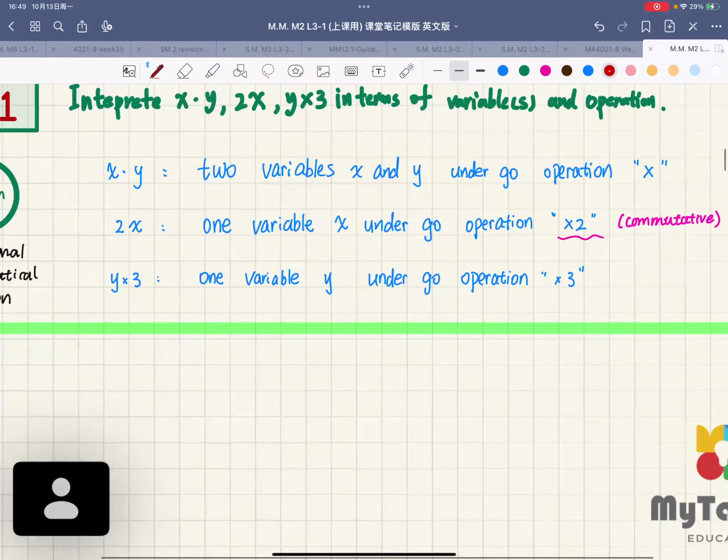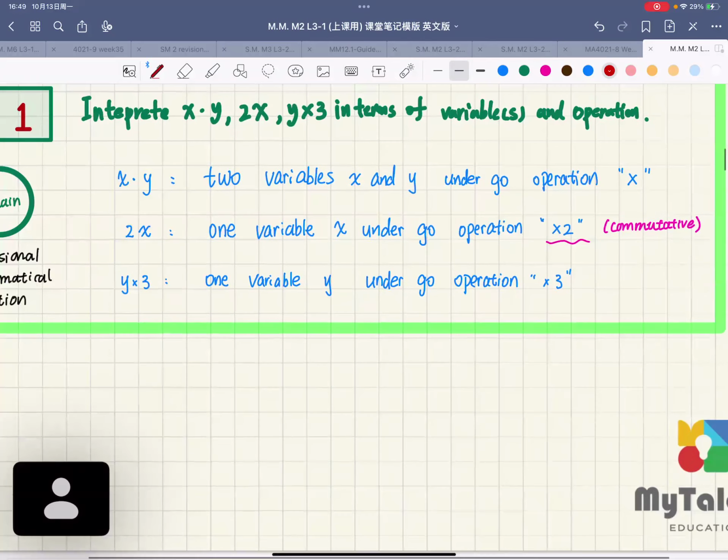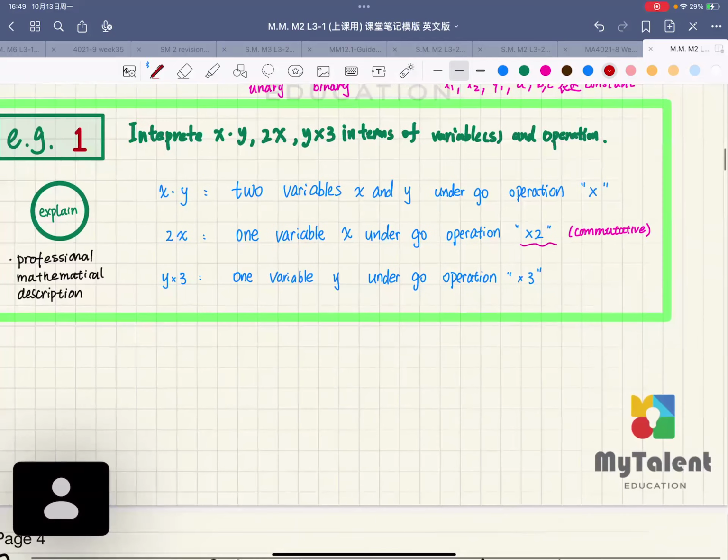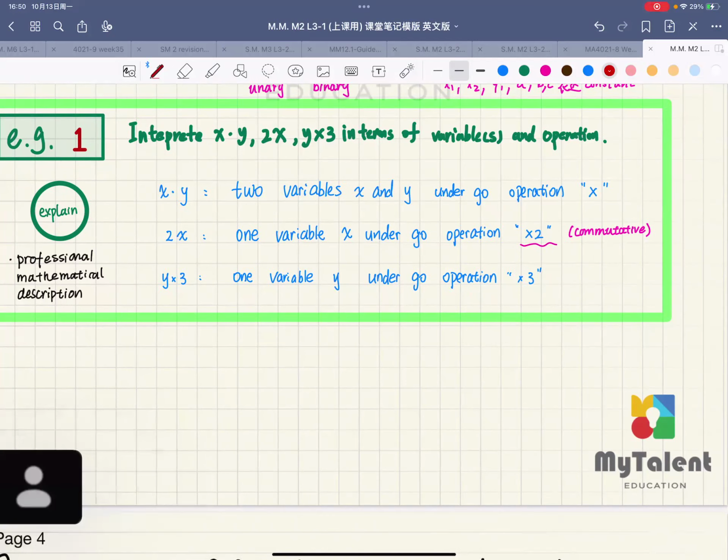Y times 3 basically is one variable y undergoing the operation times 3. That's how we interpret these things. If you don't have enough time to copy these notes down, that's fine, because Betty will send this file to you after the class finishes.